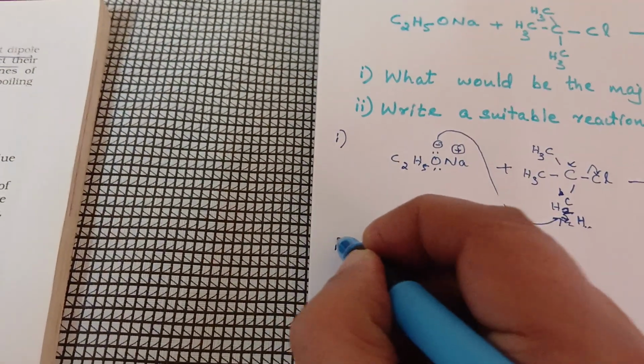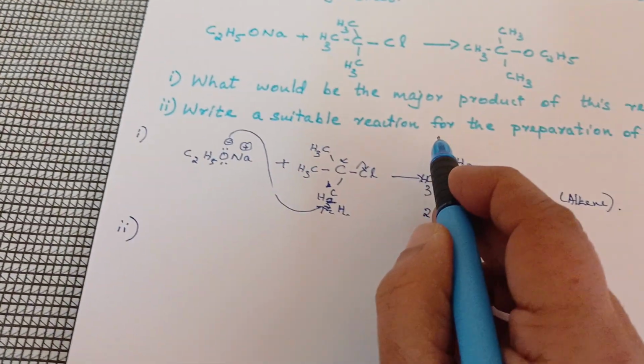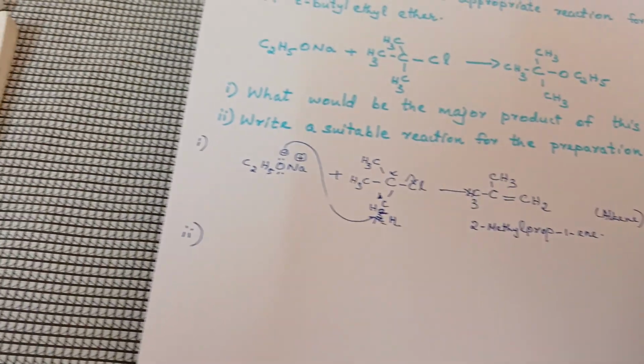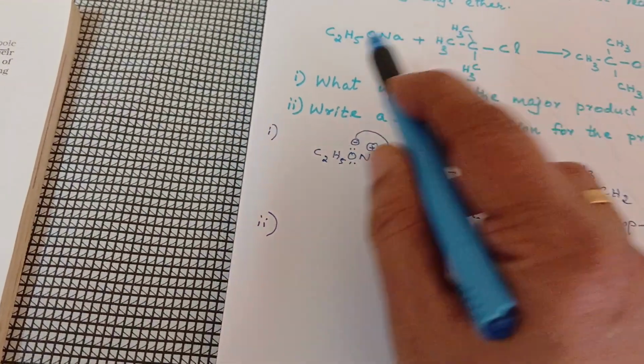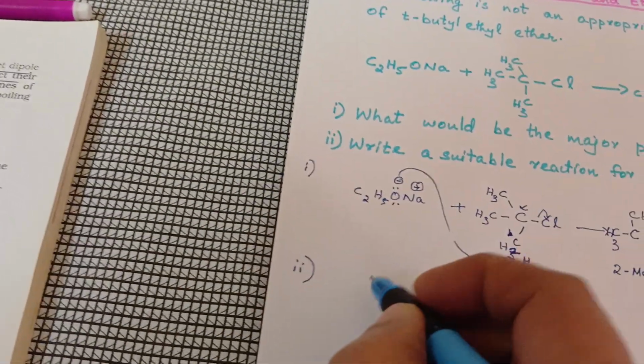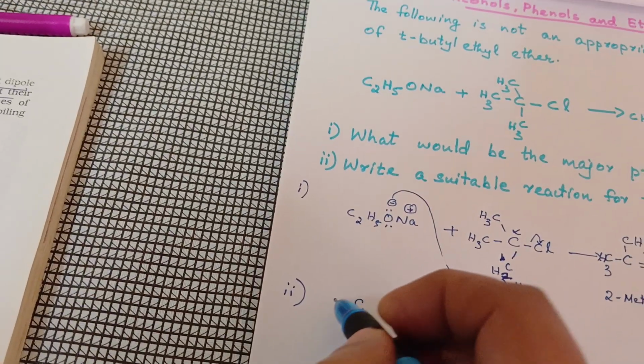And the second answer is: write a suitable reaction for the preparation of tertiary butyl ethyl ether. Let us change their places. That is, let us make this the alkoxide ion, sodium alkoxide.